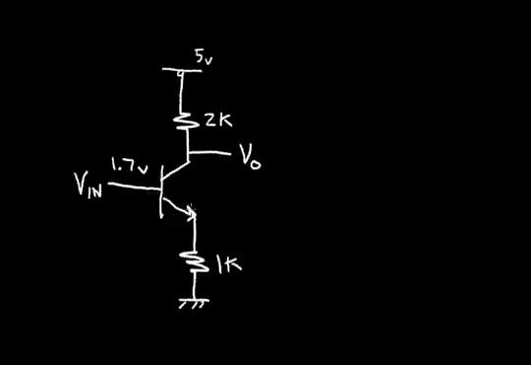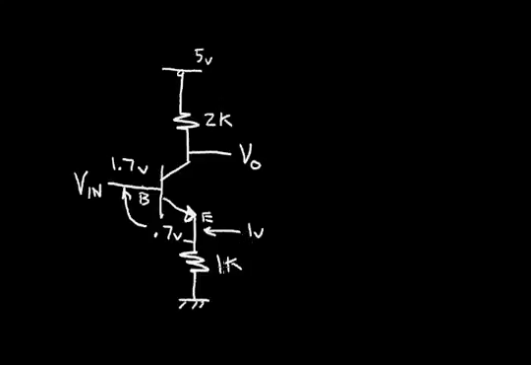Now we know that this NPN transistor forms a diode from the base to the emitter terminal. And we know that the approximate forward drop in this base emitter diode, as a rule of thumb, is about 0.7 volts. So I have 0.7 volts from the base to the emitter. And since I have 1.7 volts at the base, that tells me that my emitter voltage is 1 volt.